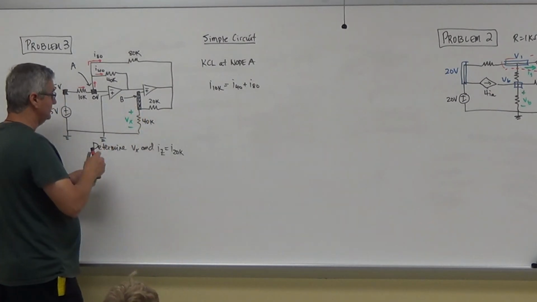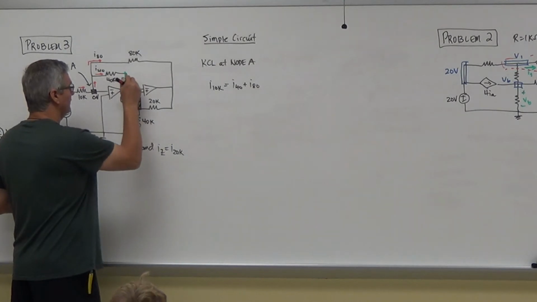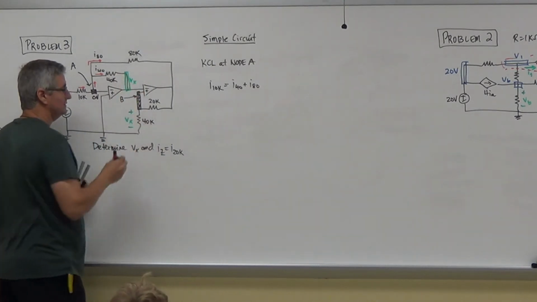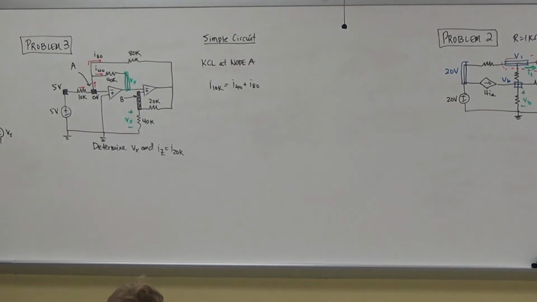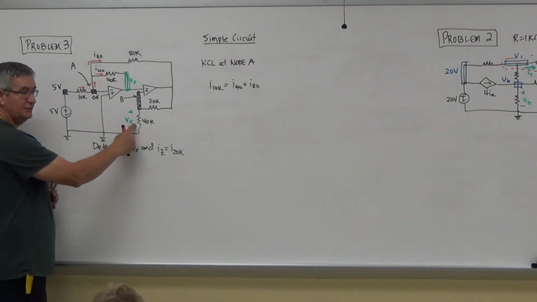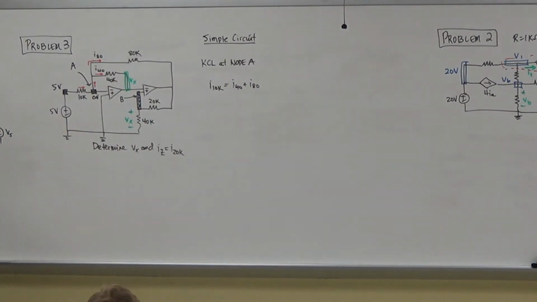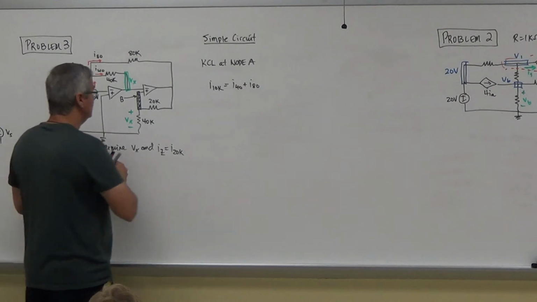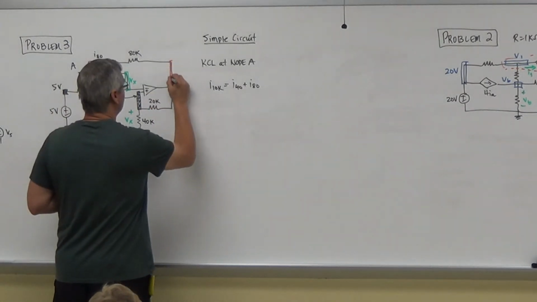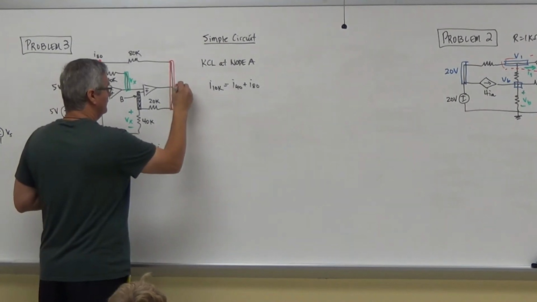If that's Vx, then that node must be the same as this node right here, which is Vx. Okay? So just by looking at the circuit, that voltage Vx must be the same as that voltage right there. And then the other one that I should focus on is this guy right here. There's only one more node here. So what do I call that? I don't know. How about V0?